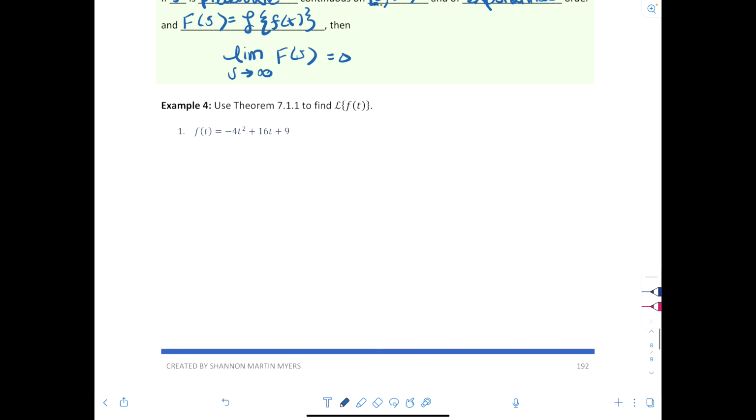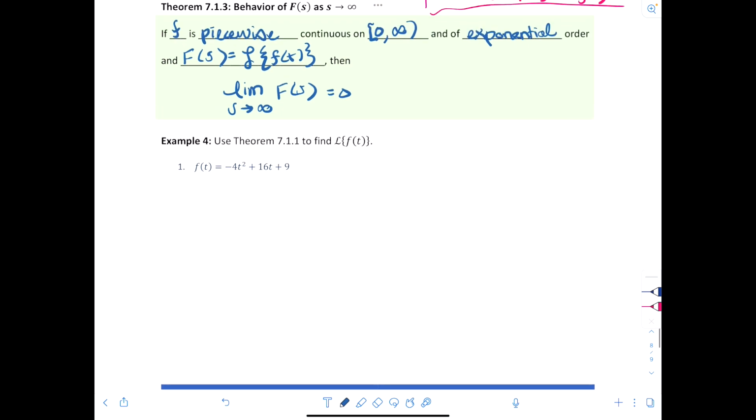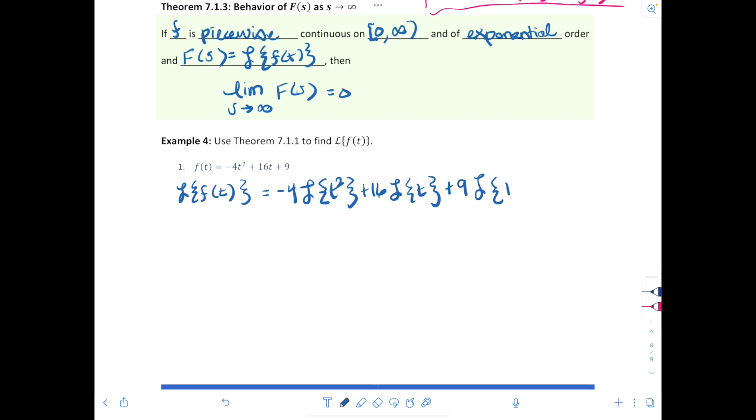So example 4, we're going to use the theorem, so the quick stuff, to find L of f at t. L of f at t is going to equal negative 4 times L of t squared, so I'm using the linearity property of it, plus 16 times L of t, and then plus 9 times L of 1.